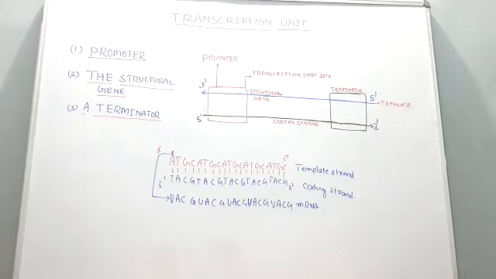Now in addition to this, it's very essential to understand what kind of enzyme is involved in the transcription phenomena. As I told you in the beginning, the enzyme DNA dependent RNA polymerase catalyzes the polymerization, that is transcription, in the direction of 5' to 3'.